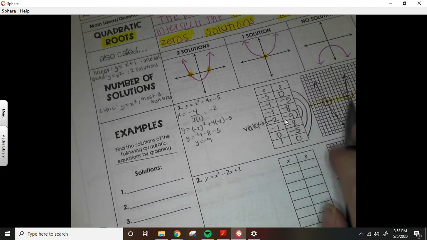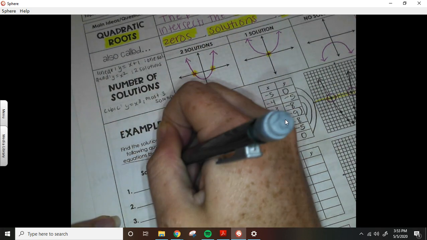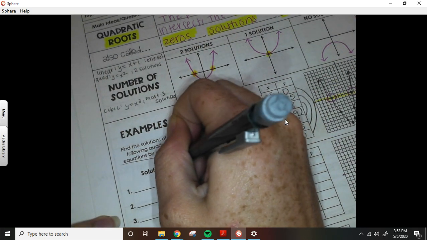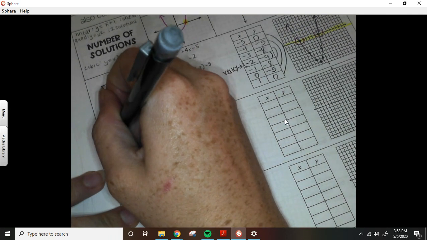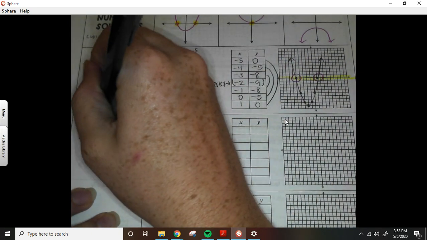So the way that we write this is we put our solutions in what they always like to call curly braces. Basically just fancy brackets, fancy parentheses. So our x-intercepts here are at negative 5 and 1.